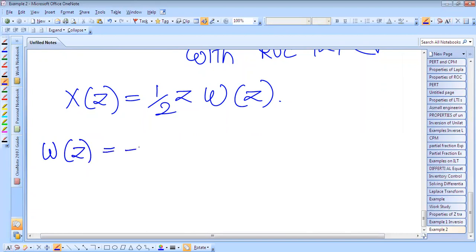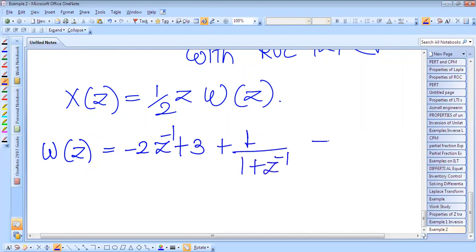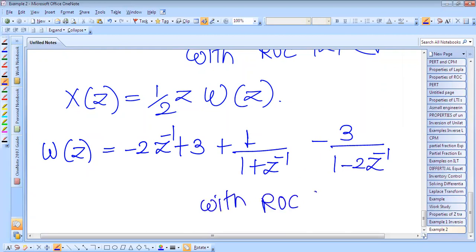W of z is minus 2 z raised to power minus 1 plus 3 plus 1 over 1 plus z raised to power minus 1 minus 3 over 1 minus 2 z raised to power minus 1. This value we have got with ROC, the magnitude of z is less than 1.